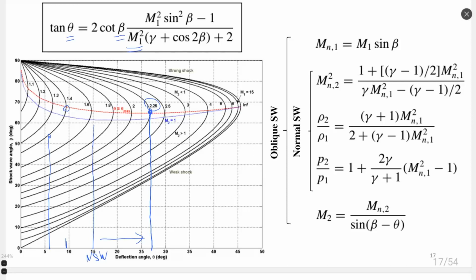These three quantities. And again, I repeat, split velocity in two directions, calculate just the normal component of the velocity by normal shock wave theory, and unite the velocity at the end and receive the final Mach number.